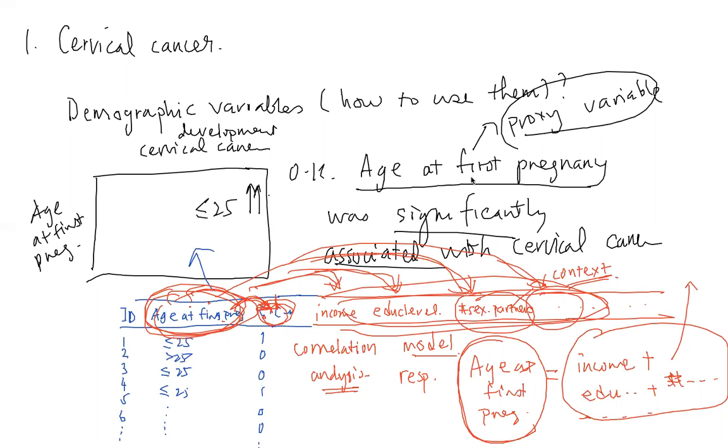Is it possible to plot the multiple variables in a two-dimensional plot? You can actually, because it's always some kind of a partition, right?